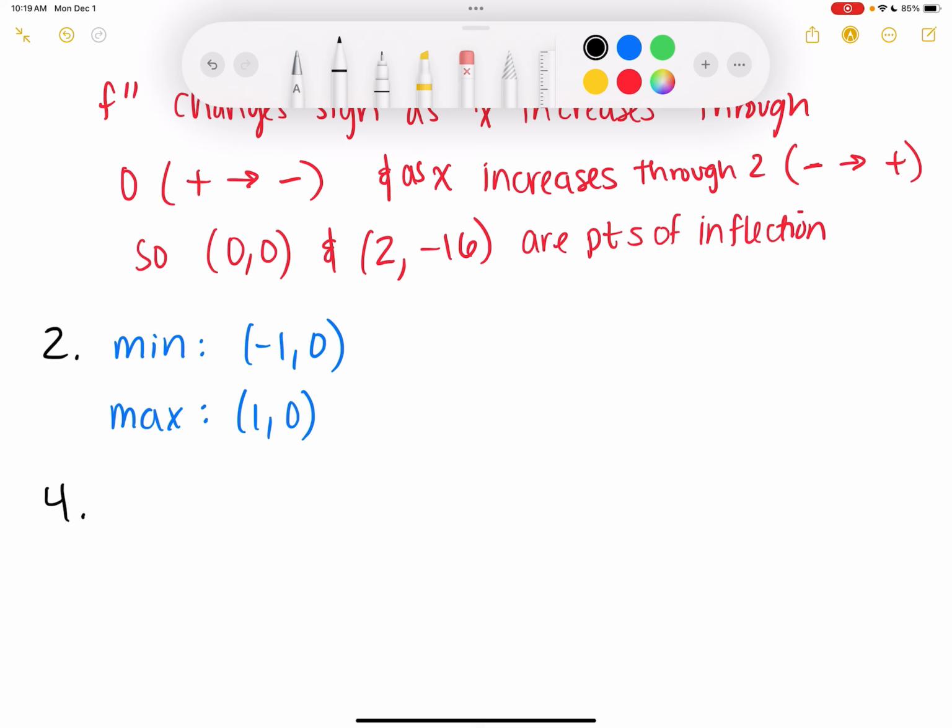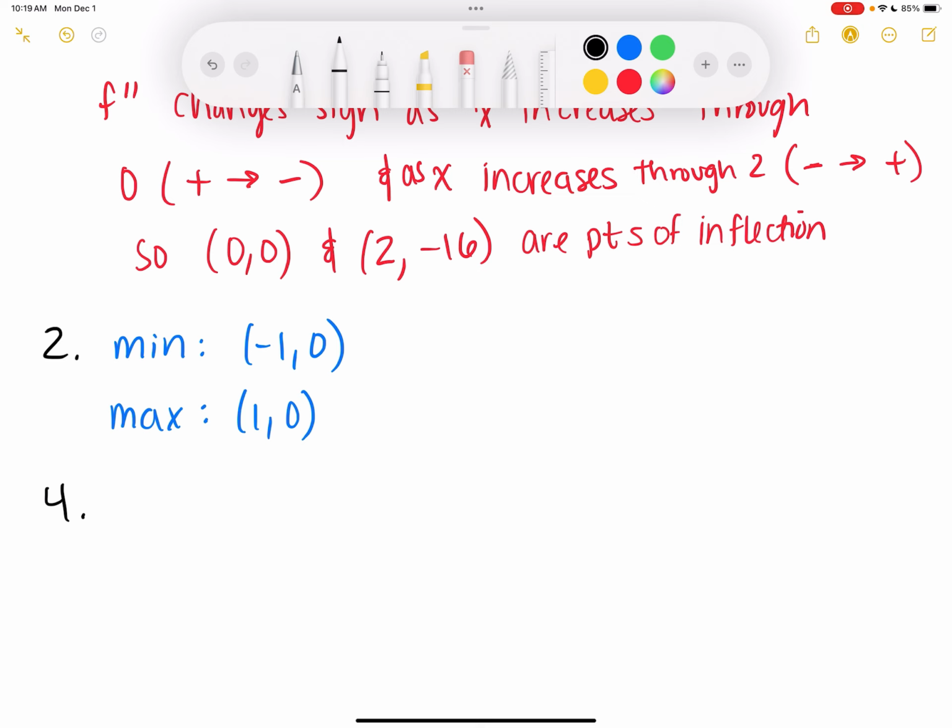So I've got, looks like they're all filled in, so I've got it going down, and then spiking up and then coming back down. And so we can have multiple mins and maxes that are local, but we can only have one that's absolute. But in this situation, we're just looking for essentially our local mins and maxes.